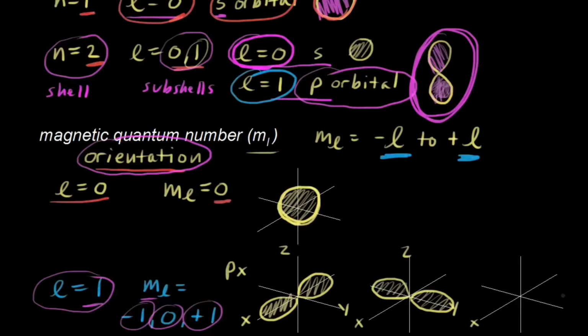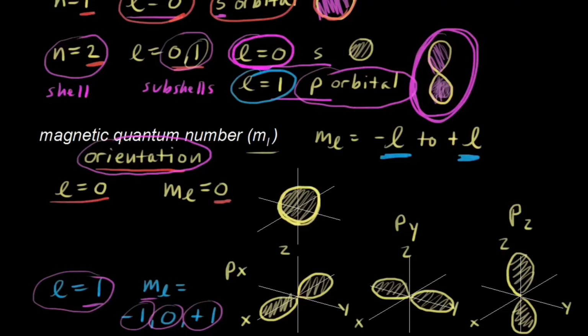And then finally, of course we could put a dumbbell on the z-axis like that. So this would be a pz orbital, and this one right here would be a py orbital. So we have three p orbitals here, one for each axis.